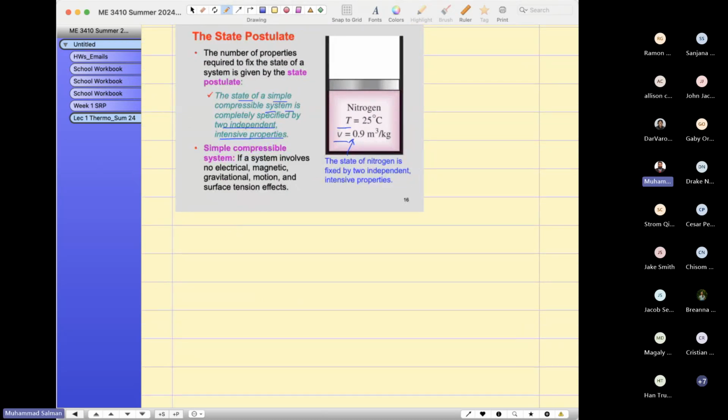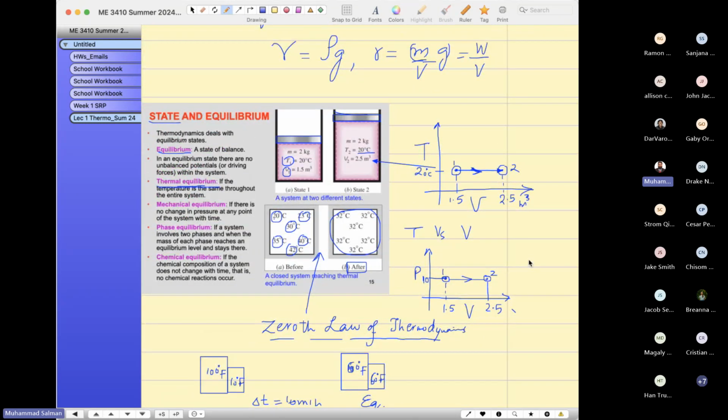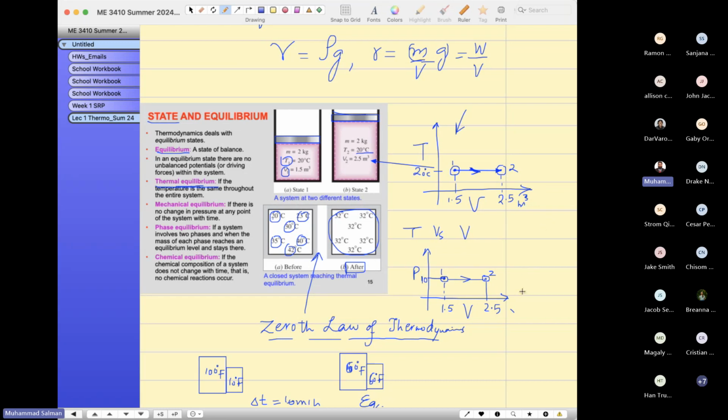So now let me show you the plot. I drew a plot like this, you see. Okay, before I move forward, I just want to ask you, in this plot, which property is constant, volume or temperature? Please type in the chat box for this plot.